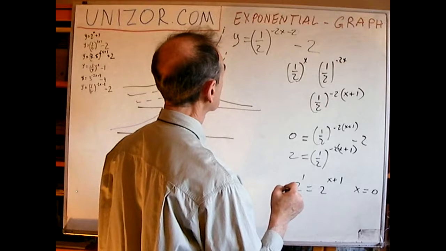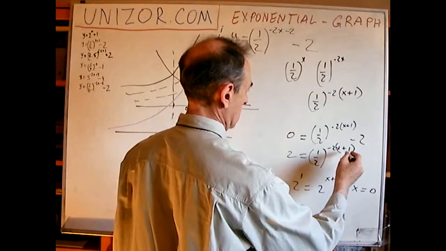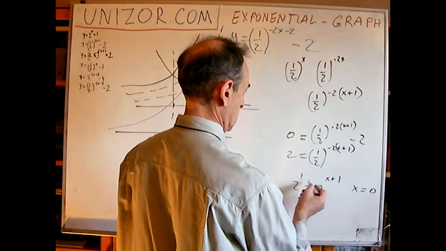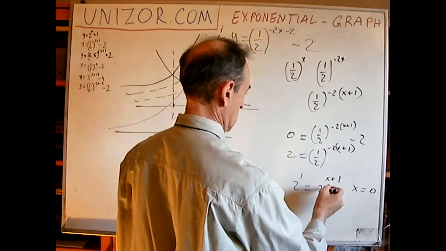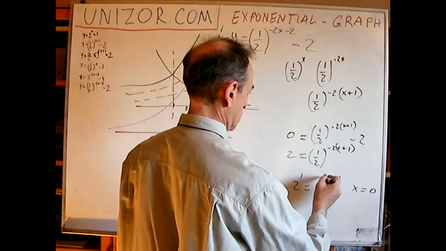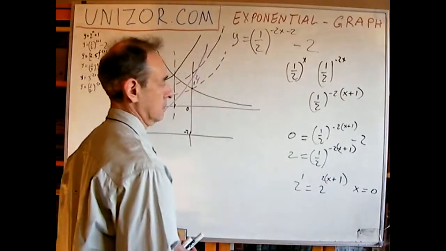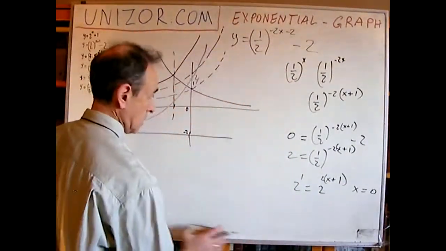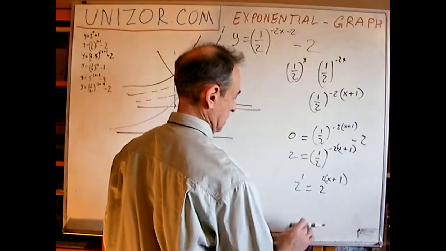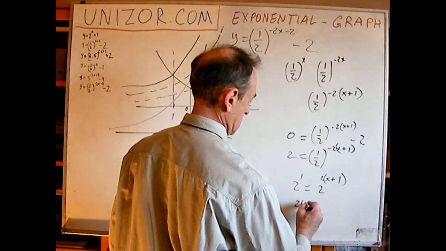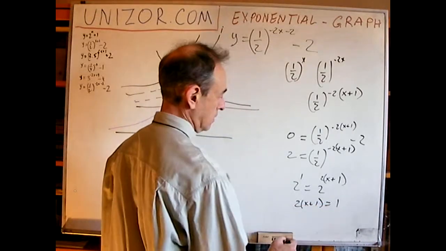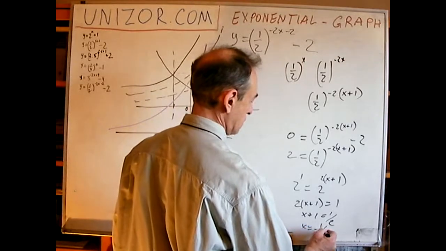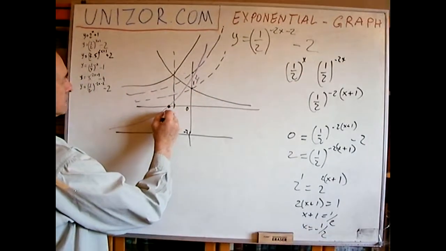No, it's minus, right. 2x plus 1, sorry. Yes. So which means 2x plus 1 is equal to 1. So x plus 1 is equal to 1/2. X is equal to minus 1/2. So this point is minus 1/2.